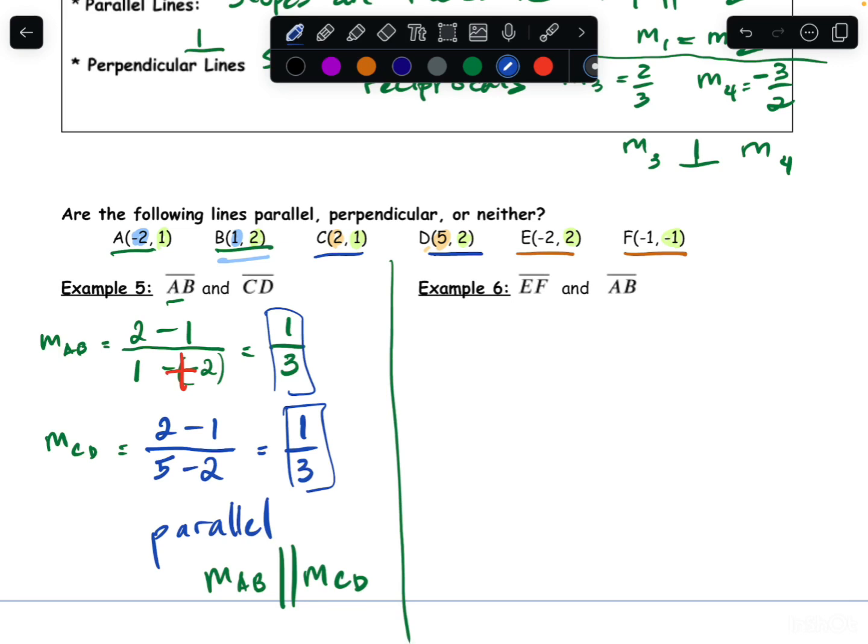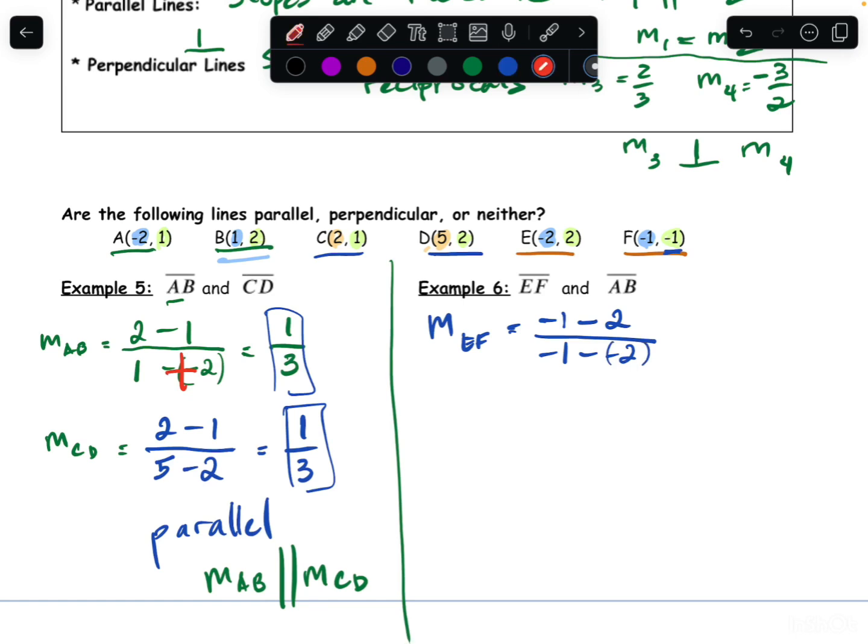So my slope of EF is equal to negative 1 minus 2, and then I'm going to go to my x's, and it's going to be negative 1 minus a negative 2.